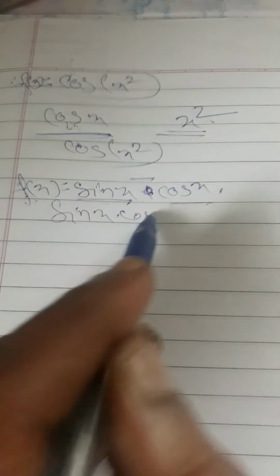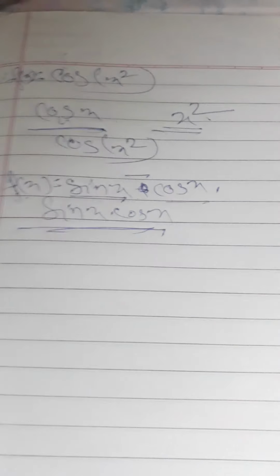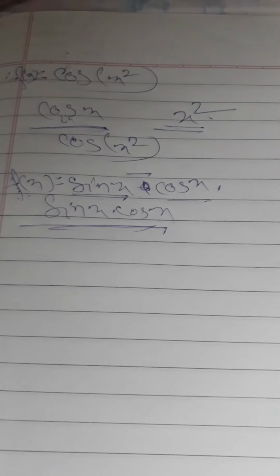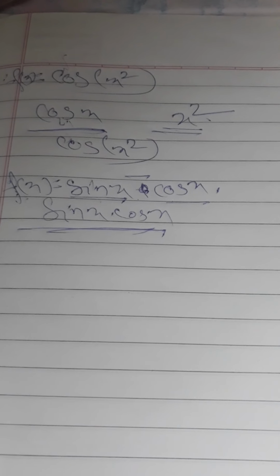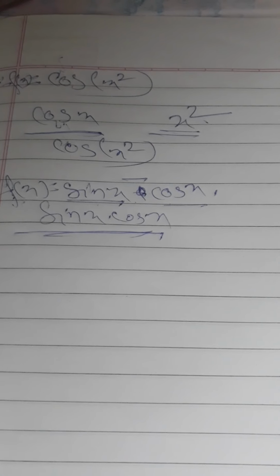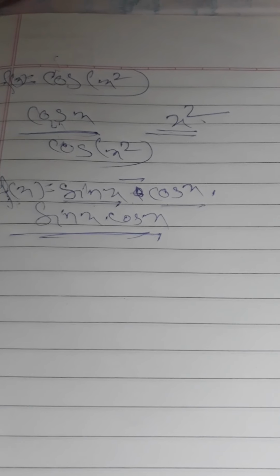They have asked sin x minus cos x similarly, and also sin x into cos x. This will also hold good there. So in this way you are going to check it.